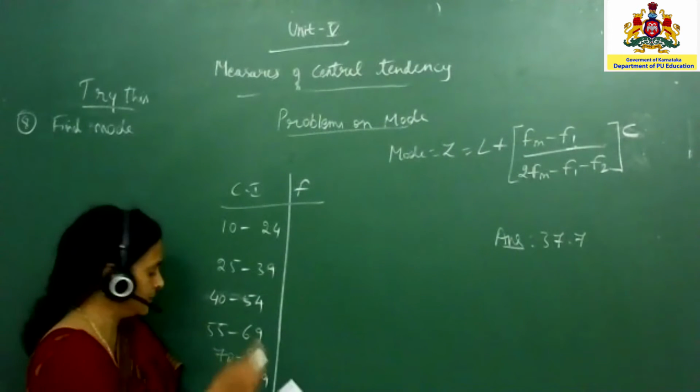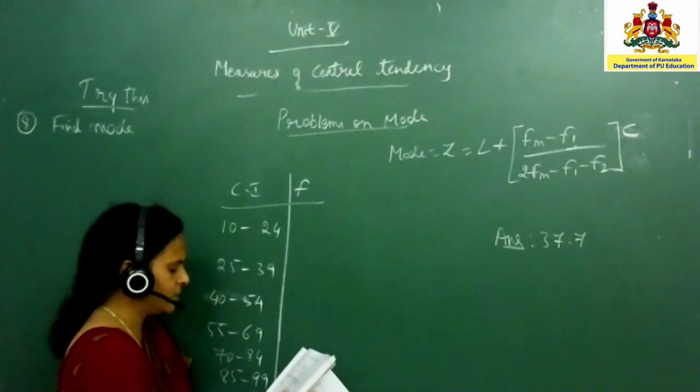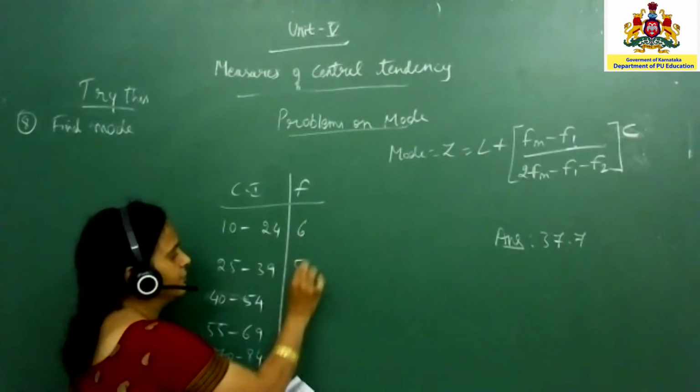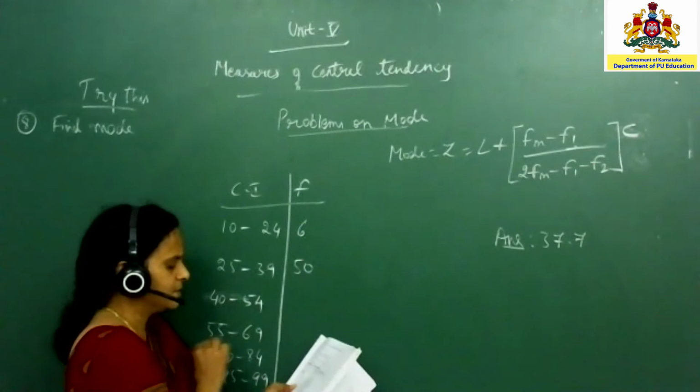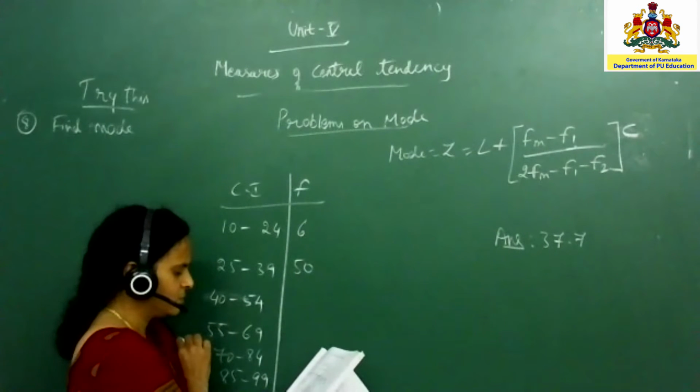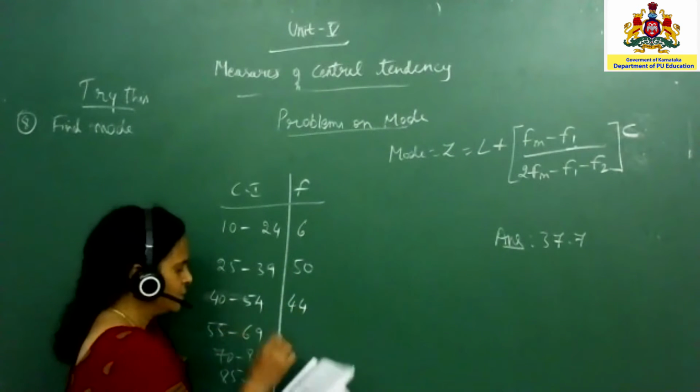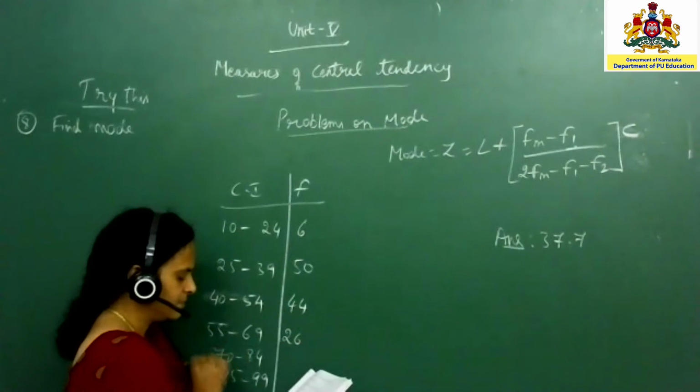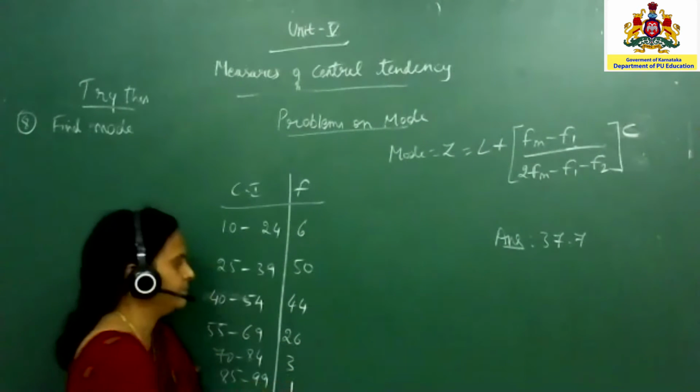The second column is 6, 50, 64, 44, 26, 3, and 1.